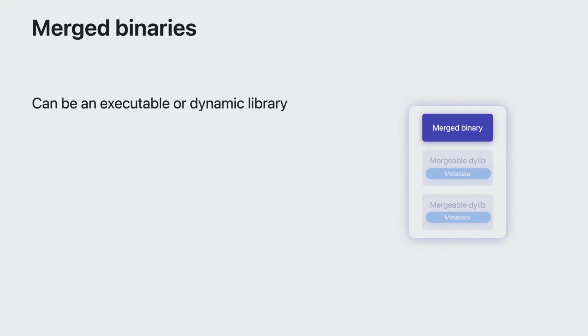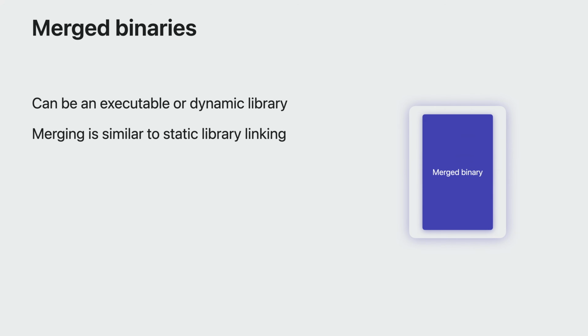The merged binary output can be an executable, like an app, or another dynamic library, like a framework. Merging is comparable to how static libraries get linked. In the end, you're left with a binary that contains the segments of the libraries, and that output binary remains the same file type.